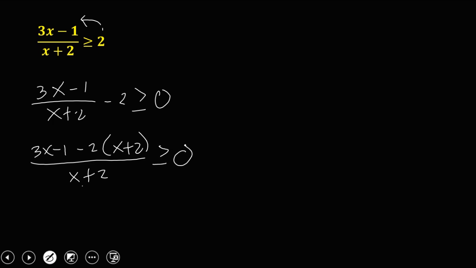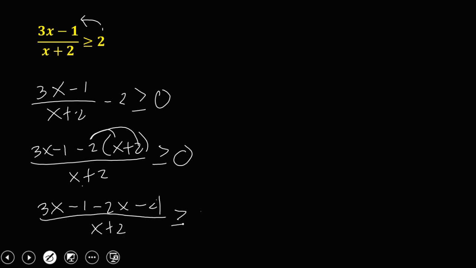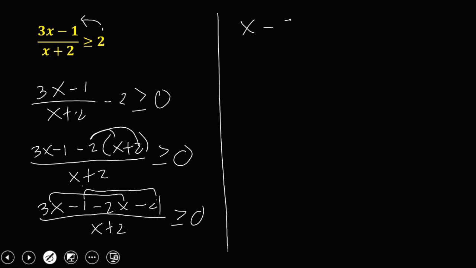Then simplify, so we have 3x minus 1, that's negative 2x, negative 4, over x plus 2 greater than or equal to 0. Then combine like terms, so 3x and 2x, that's x. Then negative 1 and negative 4, that's negative 5, over x plus 2 greater than or equal to 0.